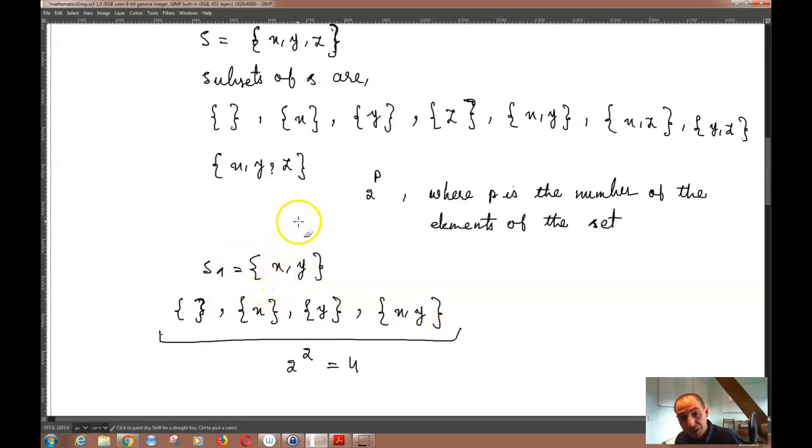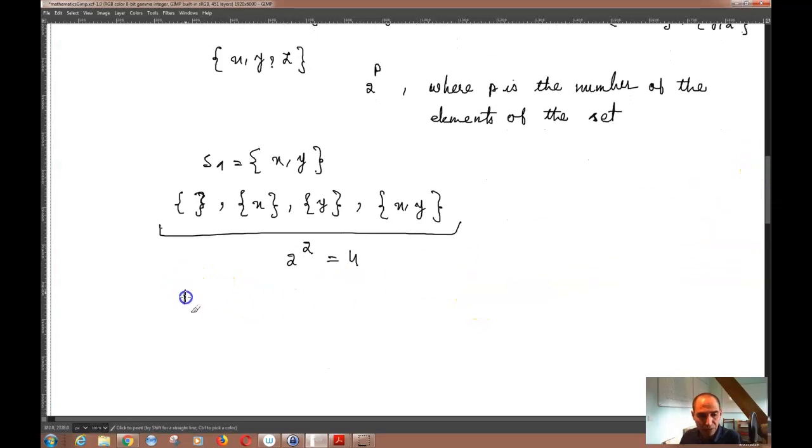Now, there is some concept called the power set. The power set of a set, for example S1, is a set which contains all of those subsets of that set.